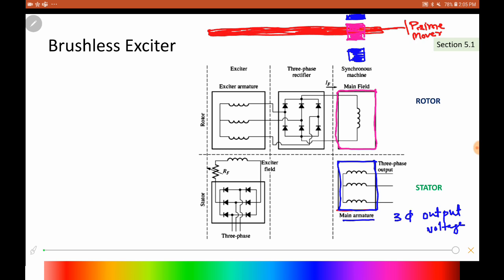It means that what you have here, this part, is basically the stator, which is generating a constant magnetic field.